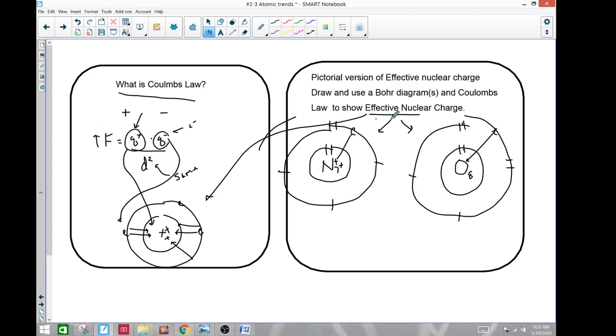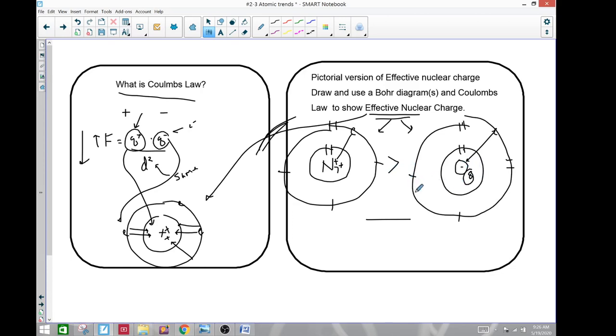That's effective nuclear charge. If we're increasing an energy level, that would not be an example of effective nuclear charge, because we would have a massive distance change, and therefore the force would drop drastically. Either way, this is an example of effective nuclear charge, and therefore the increased number of protons causes this atom to be ever so slightly smaller.